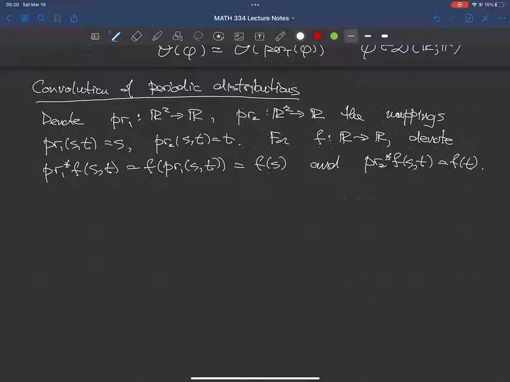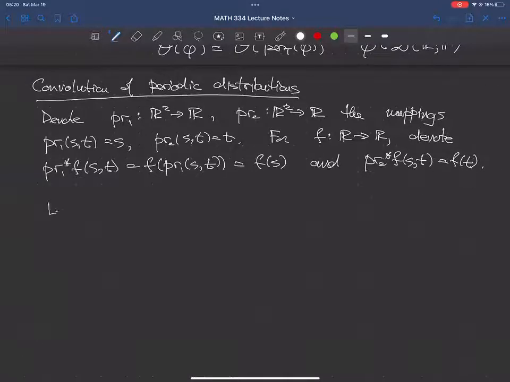All right, so here's how you define the convolution. All right, so let theta and rho be periodic distributions. All right. Okay, so define their convolution. Okay, so this is the periodic convolution.